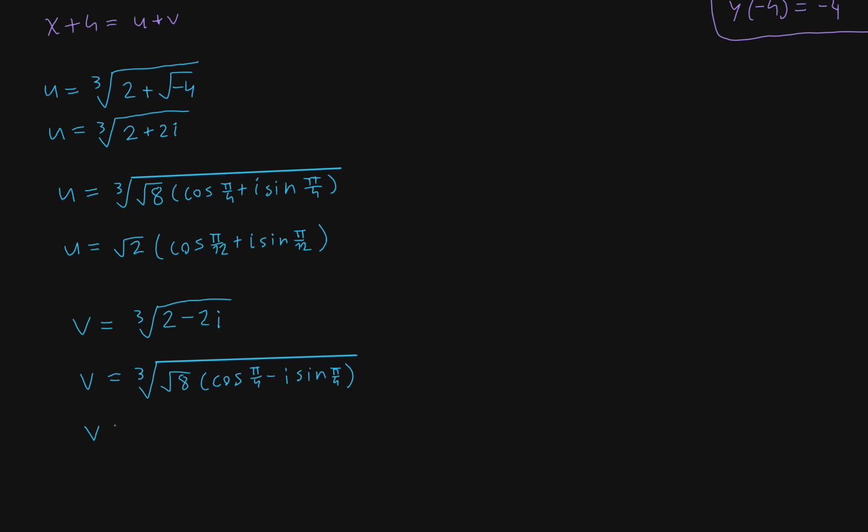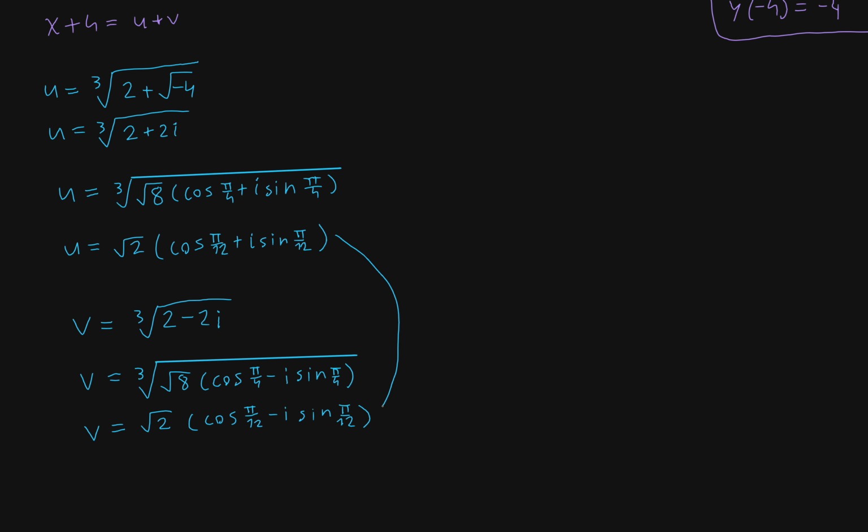Then here, we're going to use de Moivre's theorem. First of all, the magnitude just gets cube rooted normally. We're going to get root 2. Divide the angle by 3. Cosine pi over 12 minus i sine pi over 12.